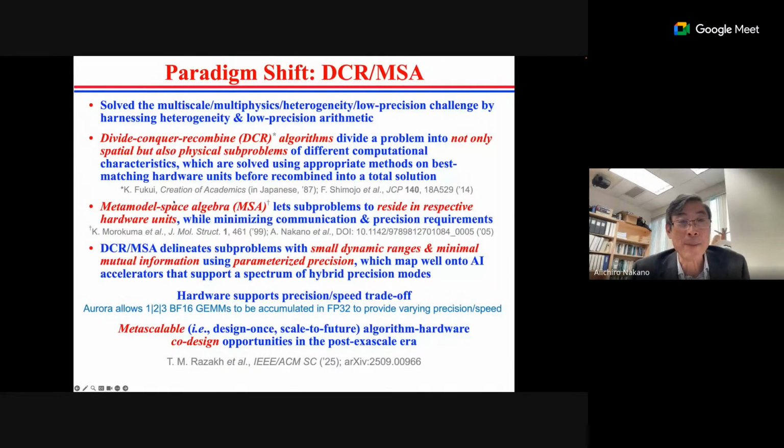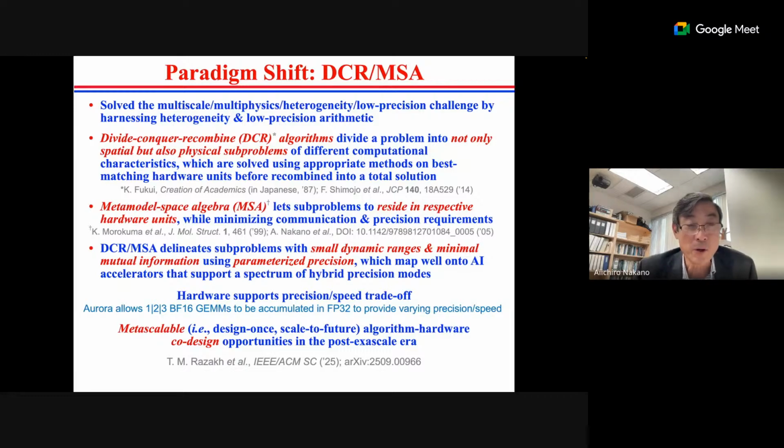In addition, our metamodel-space-algebra lets subproblems reside in their respective hardware units, like a CPU or GPU, while minimizing communication and precision requirements. That's the kind of precision engineering. Together, DCR and MSA delineate subproblems with small dynamic range and minimal mutual information. These are the two important keywords. They use parameterized precision, which maps well onto AI accelerators that support a spectrum of hybrid precision methods.